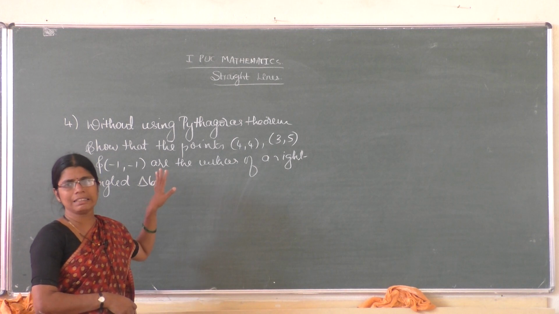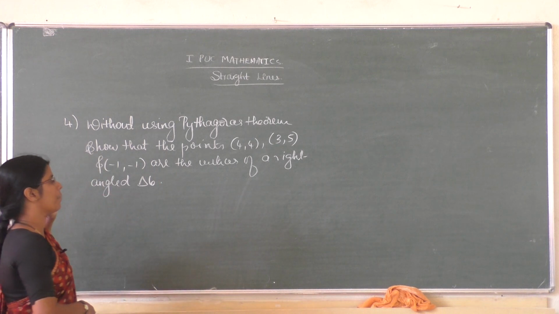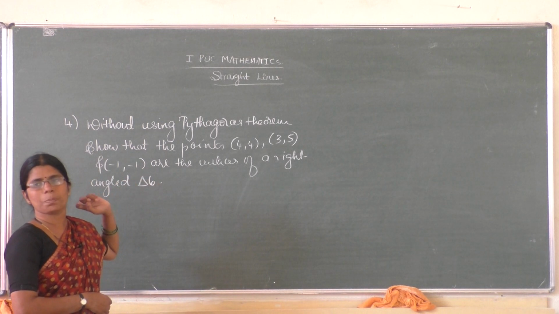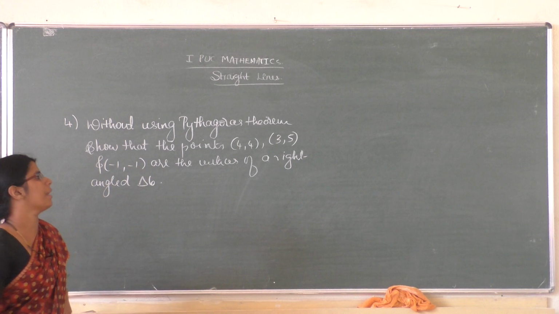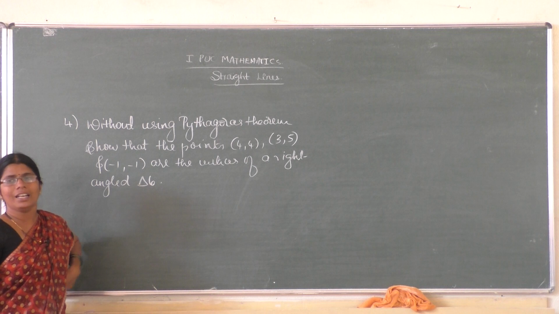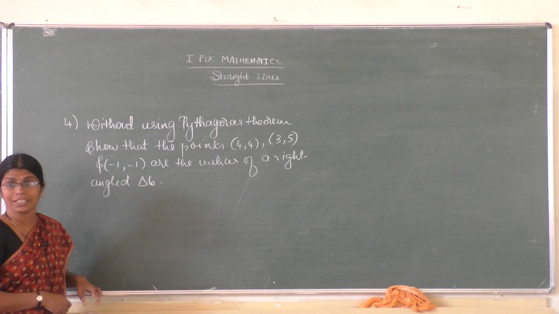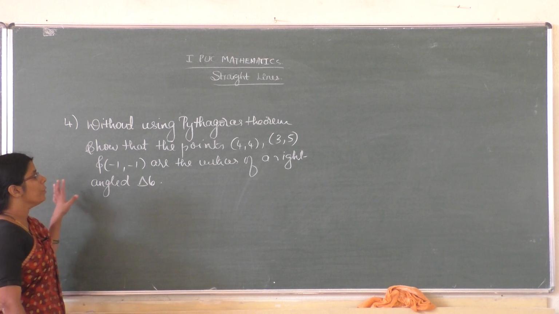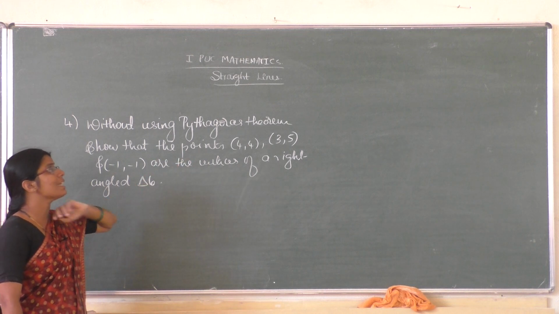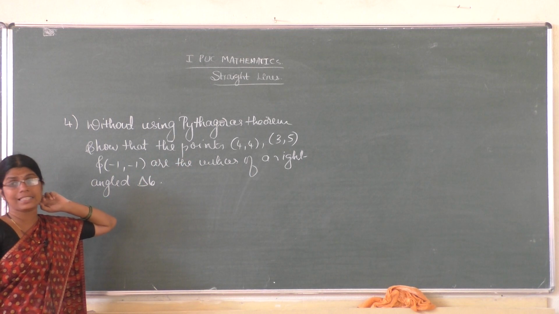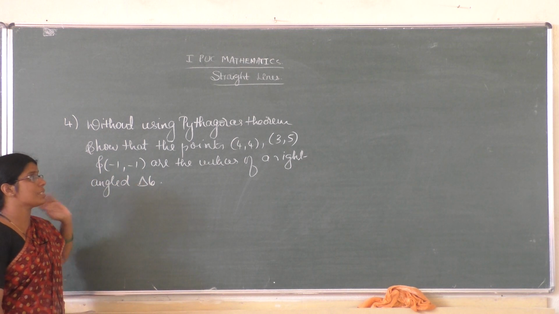If they ask to show it is a right angle triangle, first we always think about Pythagoras theorem. But sometimes it is not possible to use it directly when the sides are not given. But here you can find the sides using the distance formula and show it by Pythagoras theorem.